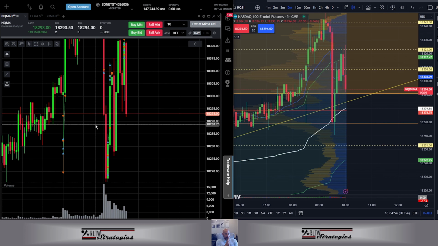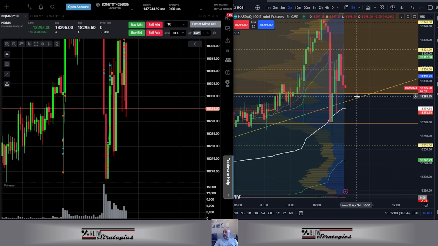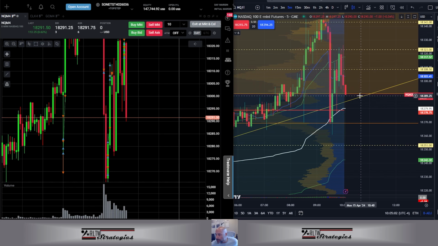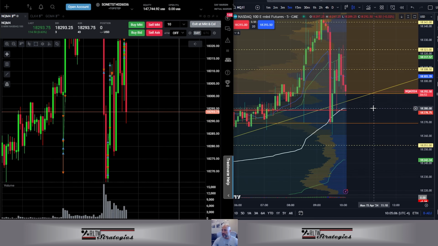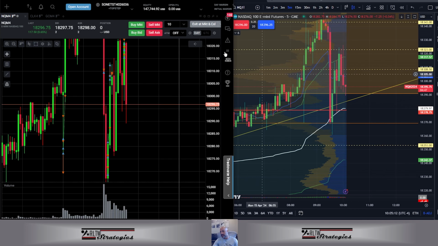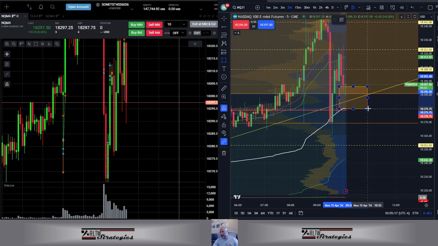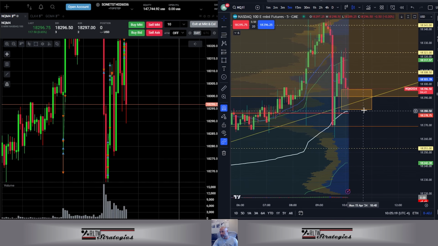Nvidia is above the VWAP. Amazon's above the VWAP. Apple is at the VWAP. We're at the bottom of the orange box. We could bounce at the bottom of this box, or we could bounce at the trend line. We have the EMA and the point of control in the same area, so anywhere in this area right here could be a buy.